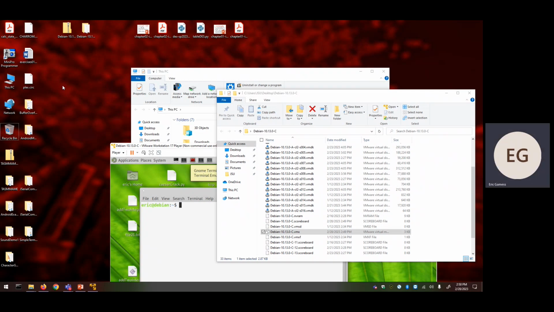Does somebody have a USB-C to USB-A converter? No? Okay, I need to send that by email.